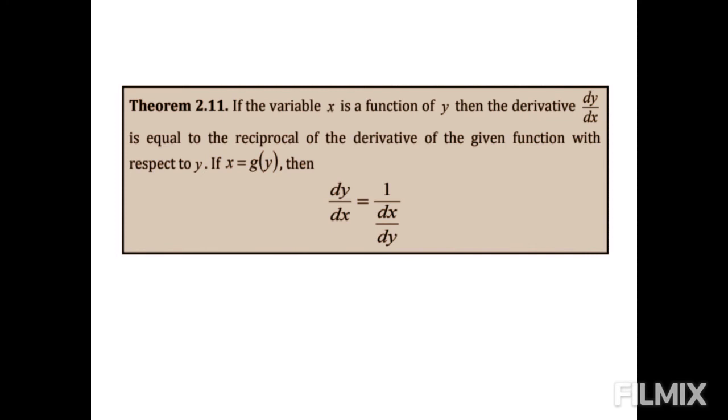If the variable x is a function of y, then the derivative dy over dx is equal to the reciprocal of the derivative of the given function with respect to y. So we can denote it like this. dy over dx is equals to 1 over its reciprocal.